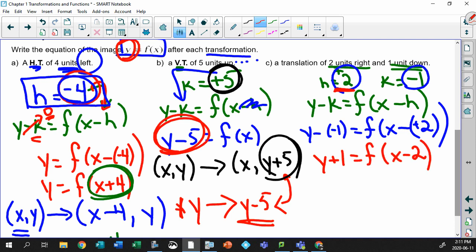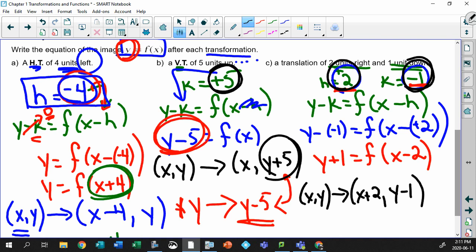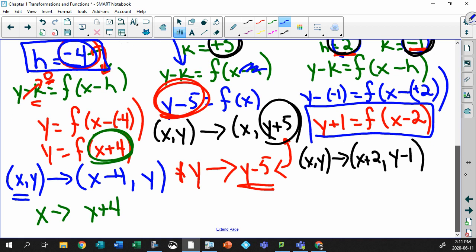Now, based on these values, what happened to every single (x, y)? The x has to increase by 2, and the y has to decrease by 1. But look at this equation now. How did you change this equation? The way you change it is very simple.